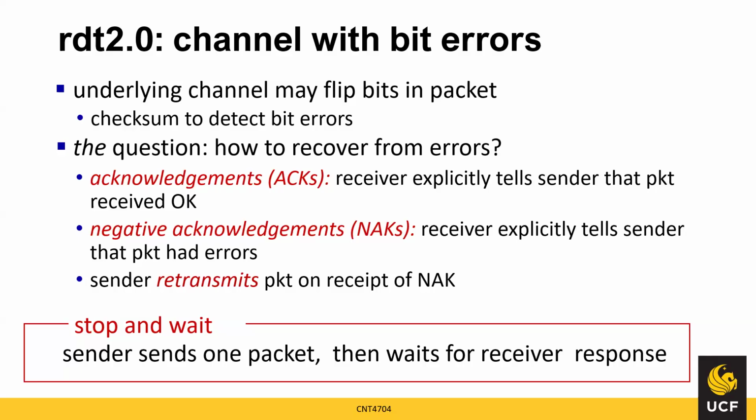Then we can go ahead and input another request. So the sender sends one packet, and there's going to be an acknowledgement or negative acknowledgement. If there's a negative acknowledgement, the data would be resent. If it's an acknowledgement, that means everything is good to go. Then we will wait for the receiver response. So this is basically how RDT 2.0 works.